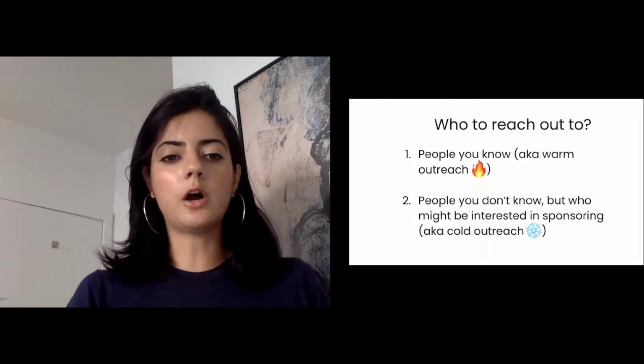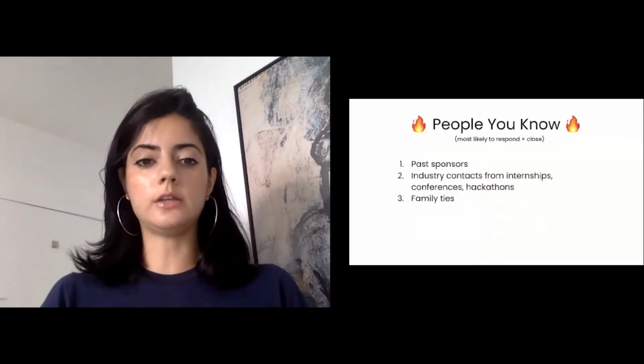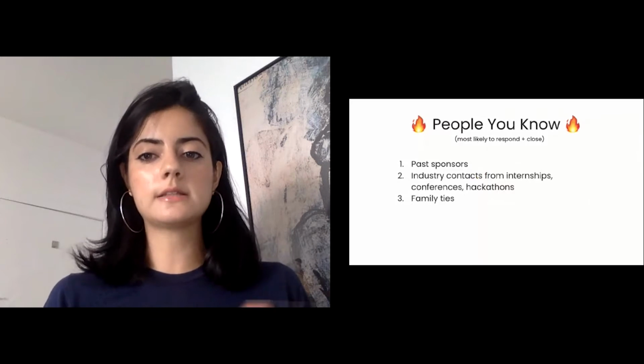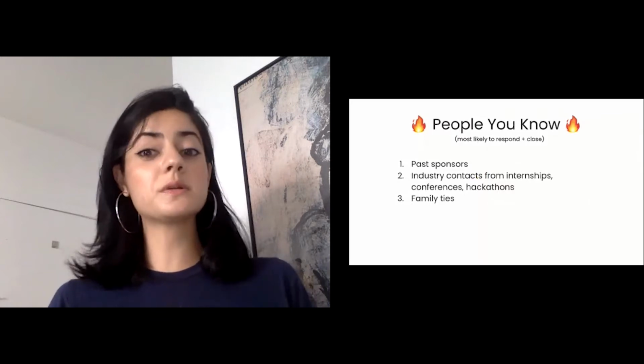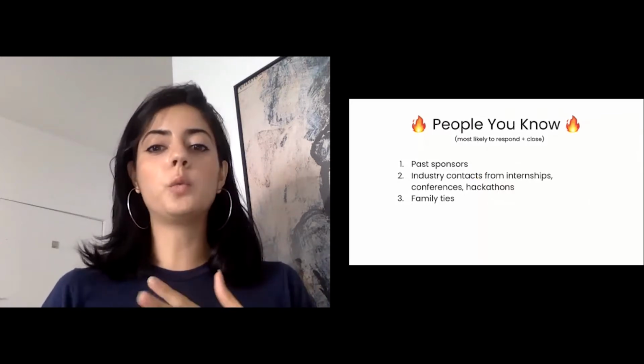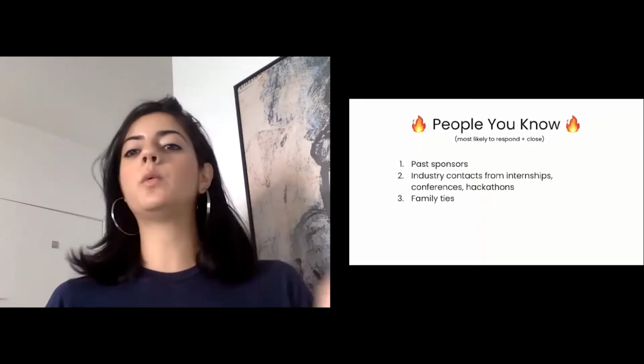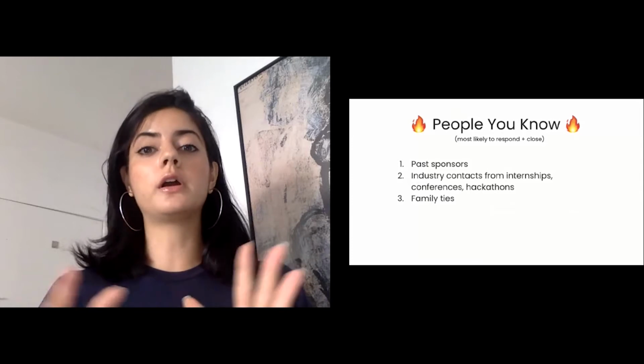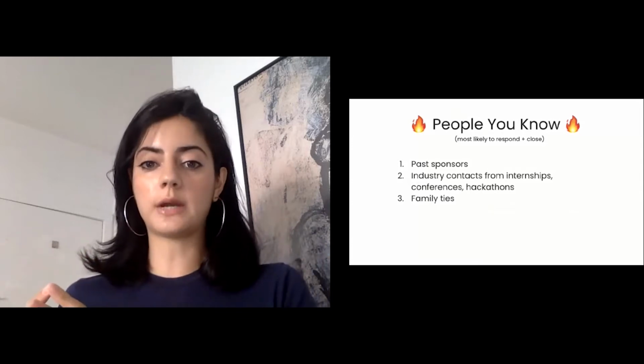For people you know, these are the ones who are most likely to respond to you and hopefully close, right? Most people will respond to someone that they know. So you'll want to reach out to as many warm contacts as you and your team have before you begin doing cold outreach, right?